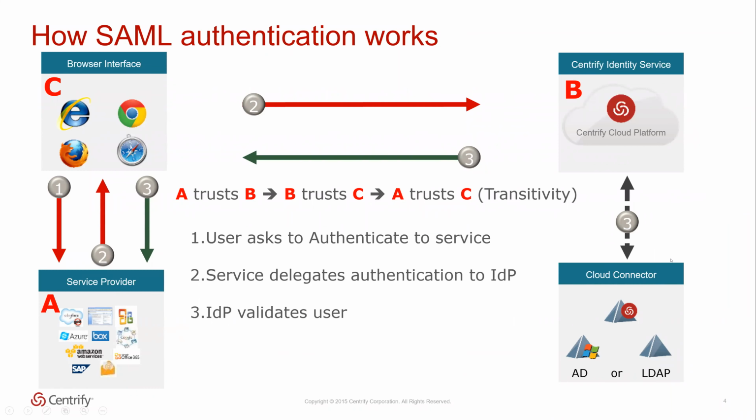In this diagram we drew cloud connectors, which could be on top of, say, AD or LDAP. Nowadays there's also Cloud Directory Service or any other kind of validation behind the scenes. But once that is done, Centrify will send the user back to the service provider. And then the service provider validates the message, and the user will be logged into the application.